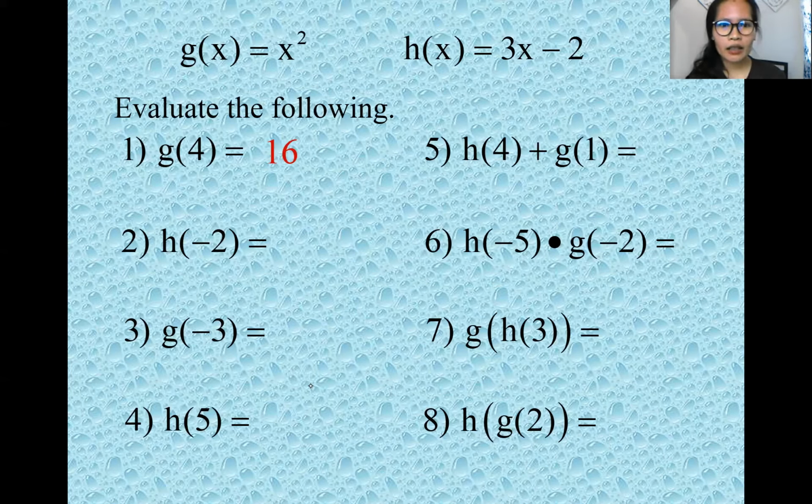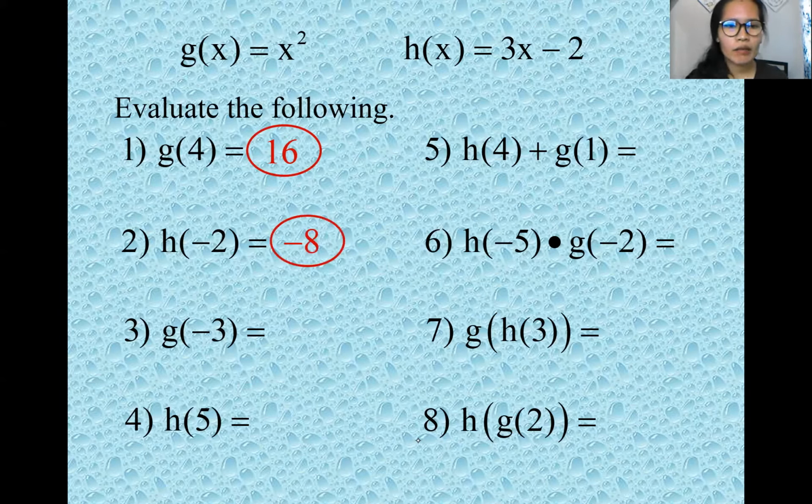Okay, how about number 2? H of negative 2, since h man, so our focus is on h of x is equal to 3x minus 2. So pulihan lang gihapon ang x of negative 2. So 3 times negative 2, negative 6 minus 2, the answer is equal to negative 8. How about number 3?